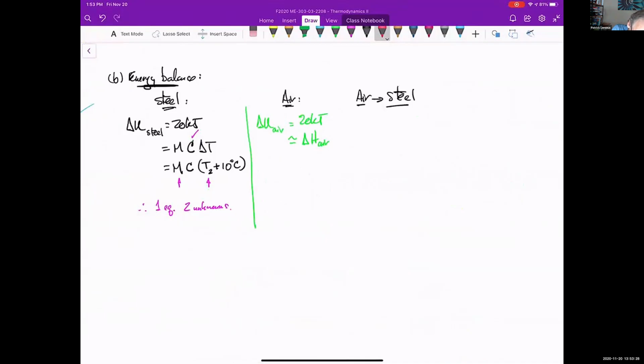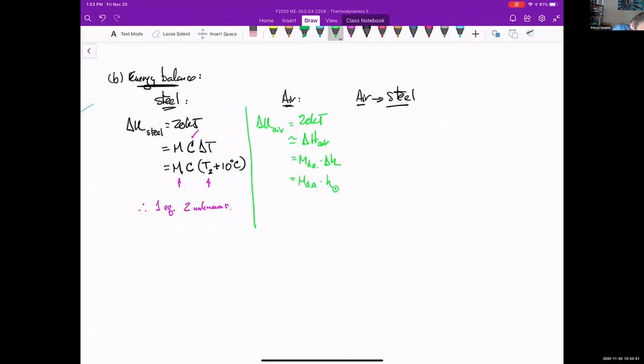And because we're dealing with a psych chart, that looks like the mass of dry air times the change in specific enthalpy of the air, which is itself equal to the enthalpy of the air at 1. I should really say here that these are minus, right?